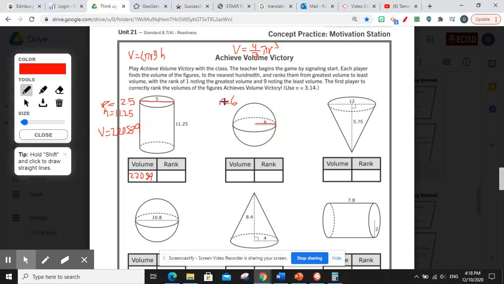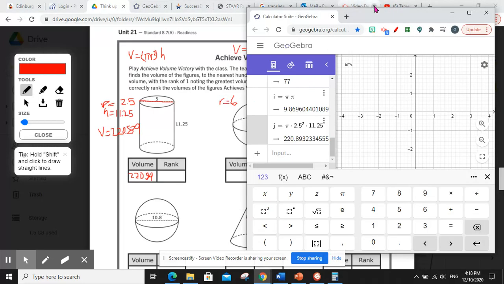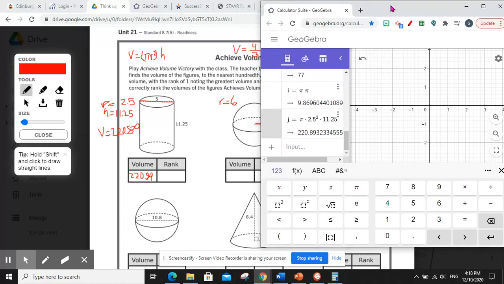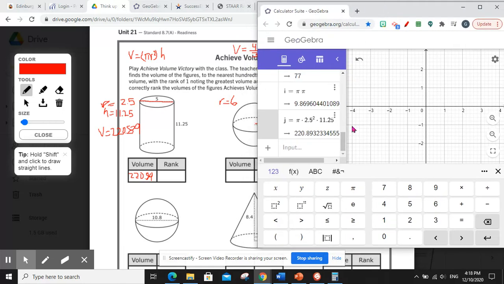So it's 6. So then all I got to go do is go into my calculator and input my formula with my radius. So 4 divided by 3, arrow out. And then my radius is, well, actually, no, I'm sorry, I forgot about the pi. 4 over 3 pi. There's my pi. And then I'm going to put my radius, which is 6. And then I'm going to use this one so that I can put it to the third power.